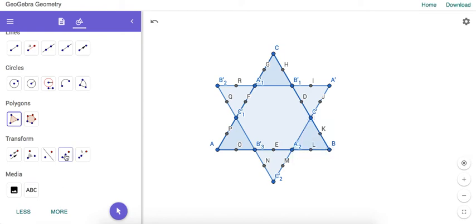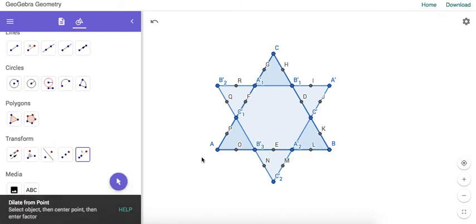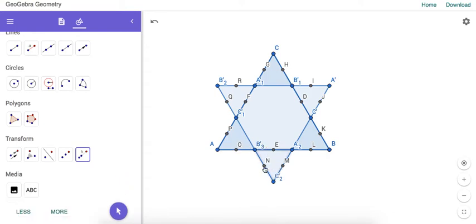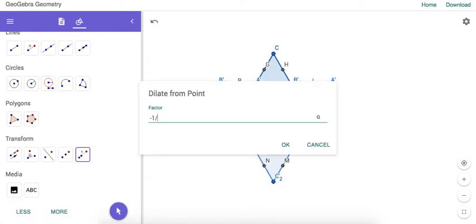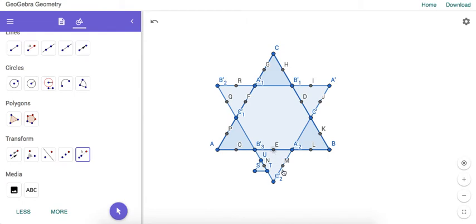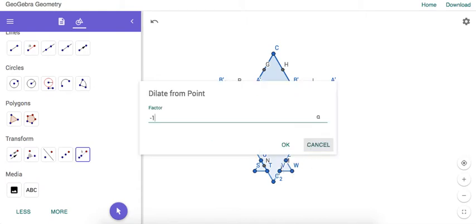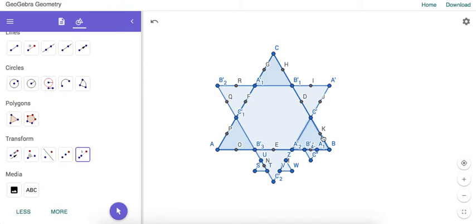All right, and I'm going to do the dilation again. So I'll start with this down here. I'll dilate about N to be 1/3 the size. I'll dilate, pick the wrong thing, cancel. About M to be 1/3 the size. And I'm just going to keep following this pattern around.